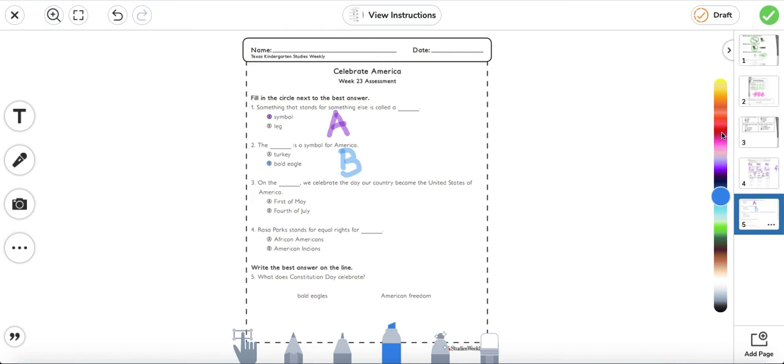Number 3. On the blank, we celebrate the day our country became the United States of America. Is it A, 1st of May, B, 4th of July? 4th of July, that was our Independence Day.